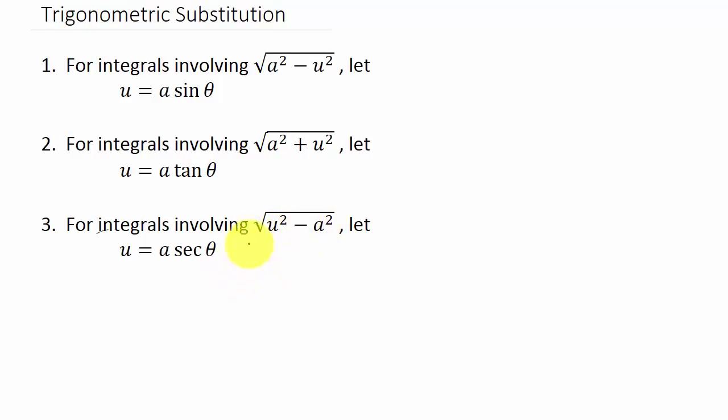Notice in our problem we have x squared as our u squared, and then a squared is 3. So that means a would be what? Square root of 3.